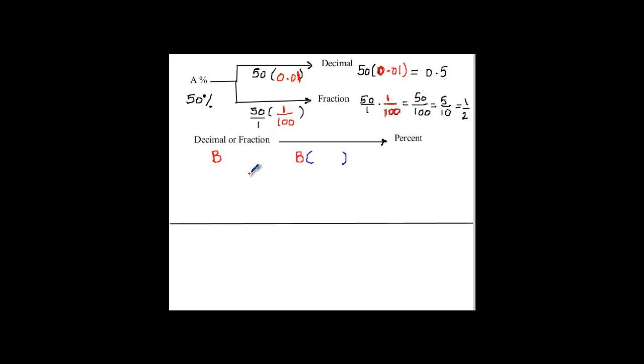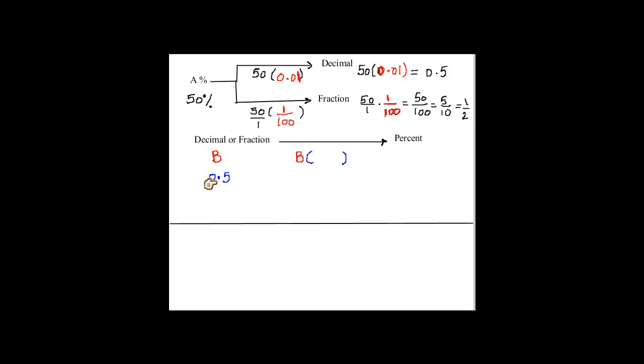Is b a fraction or a decimal? Okay, you see, if I have a number in terms of decimal or fraction, let's look at the example. Let's say I have 0.5. That was the example we had earlier. If b is 0.5, it says convert 0.5 to percent.